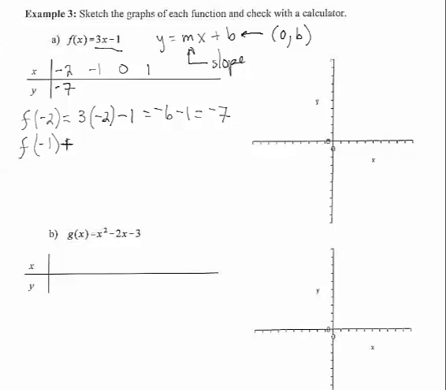F of -1, plug it into my expression in the place of x. 3 times -1 is -3, and now I subtract 1 and I get a -4. Zero is always a great number to pick because it'll cancel a lot of the terms out that have a variable in them.